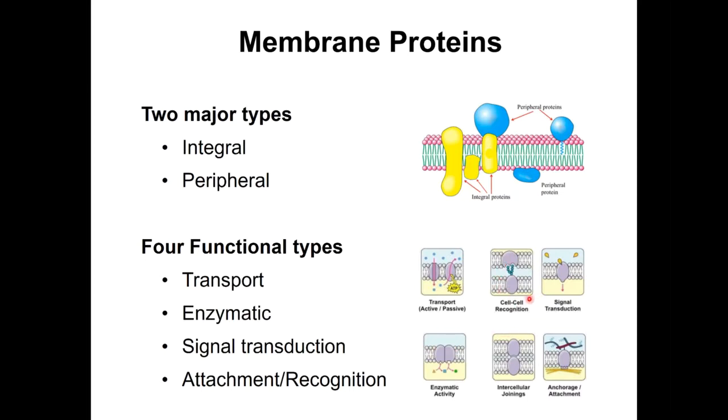You see here some examples, cell recognition molecules, which allow two cells to actually know who they are by connecting these two proteins. Or they can transfer signals. We'll talk about that in the next lecture. They can also have enzymatic activity. So there are different ways in which proteins in the membrane can be classified, either by their location or by their functional types.